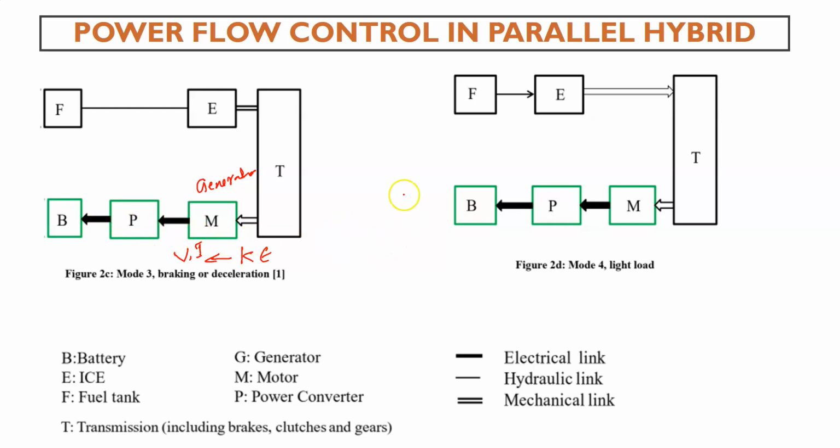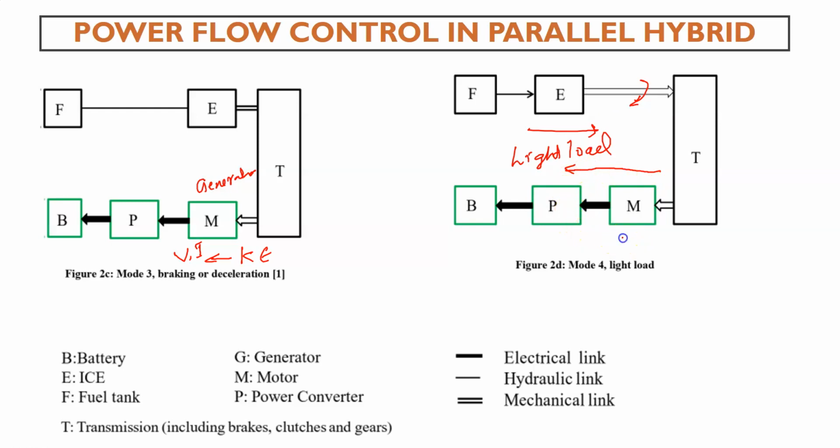In the fourth mode, it actually represents the light load condition. In the light load condition, the traction power is delivered by the ICE, and the ICE also charges the battery via the electric motor. Here the power is delivered by the ICE. The ICE will rotate the wheels. Also, the power is flowing in this direction. So in this case, the ICE will drive the vehicle as well as be used to charge the battery.